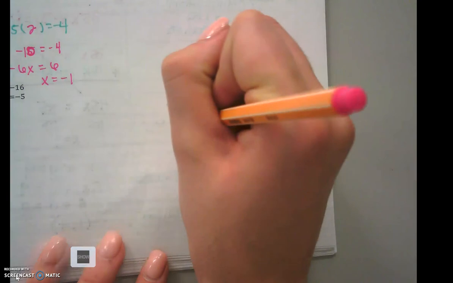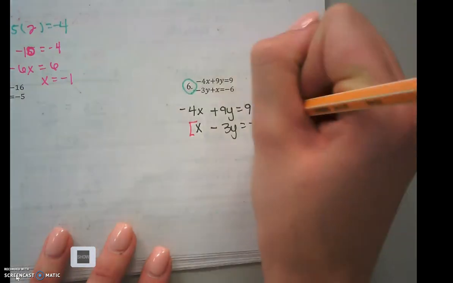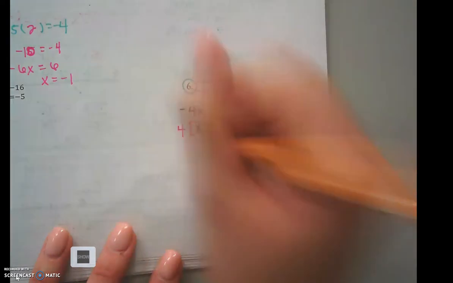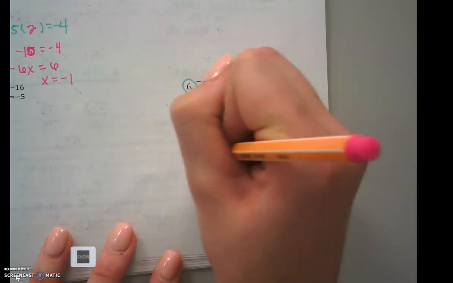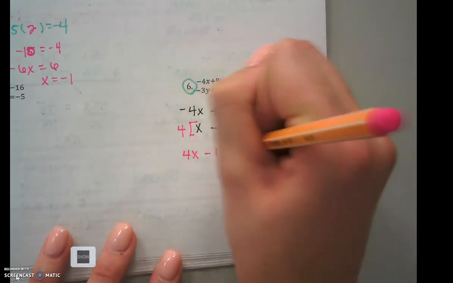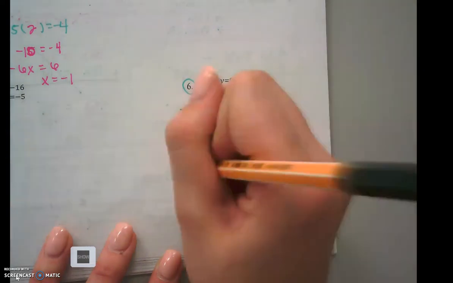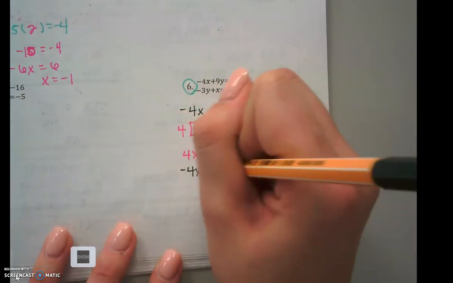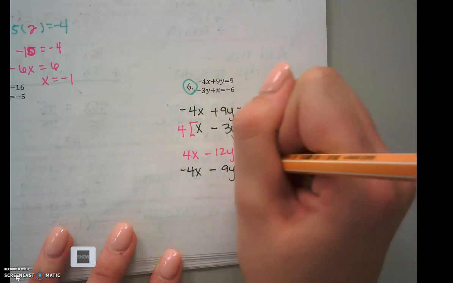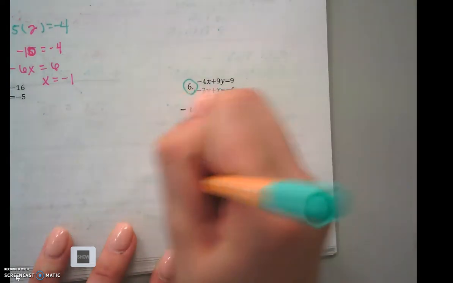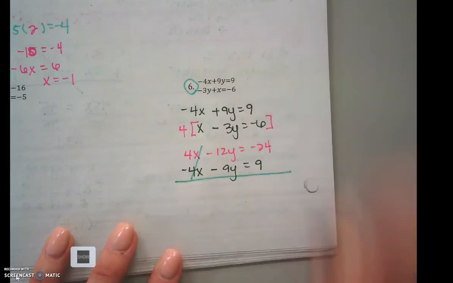If I want my x's to cancel, I'm going to multiply this bottom equation by 4. And I'm going to get 4x minus 12y equal to a negative 24. And just for the ease of things, I'm going to rewrite that top equation so everything's aligned again. I now can add these things up. This should be 12 and 9 is 21.